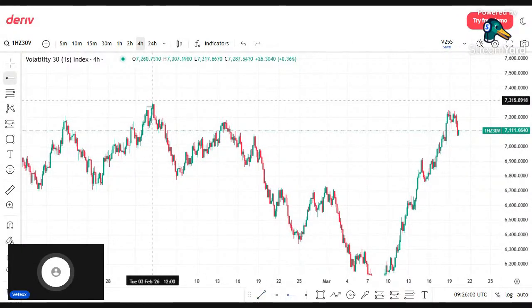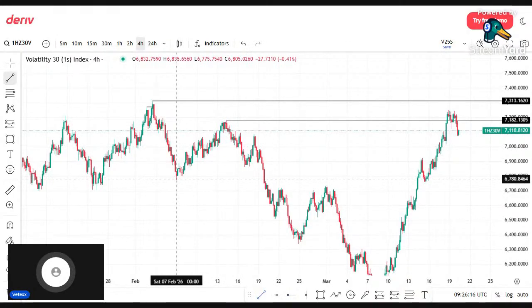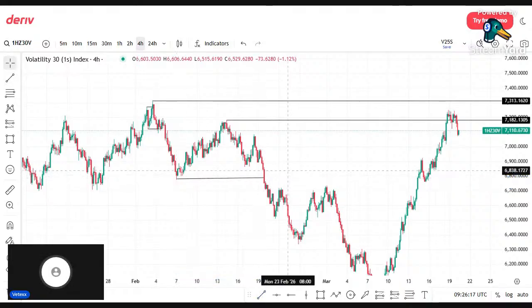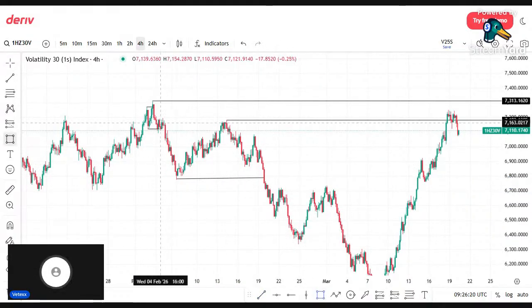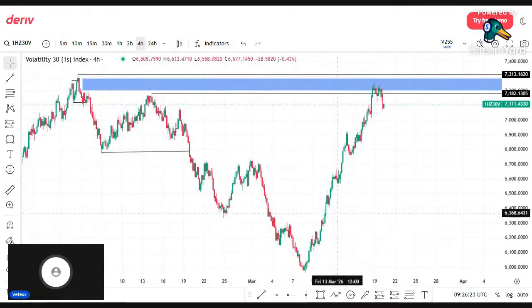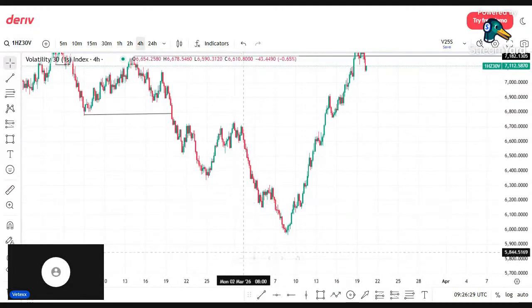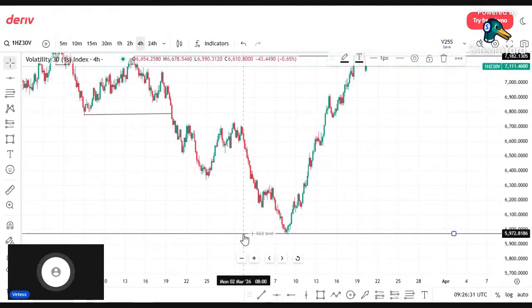We have our protected high here, our first break of structure here, and then we have our structural liquidity, which is here, and then our second break of structure, which was this. And this zone becomes our point of interest. So this becomes our new starting point, and this is our new finish point, which is down below here.